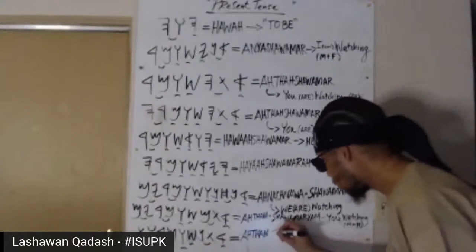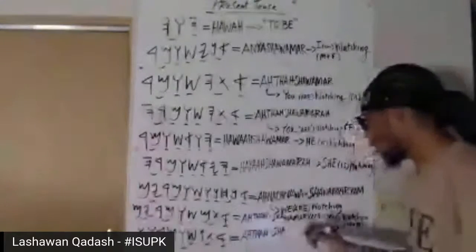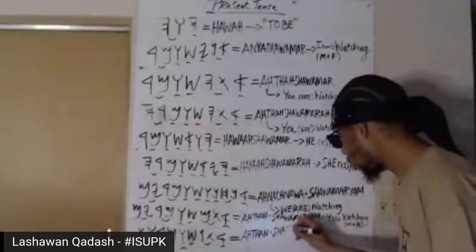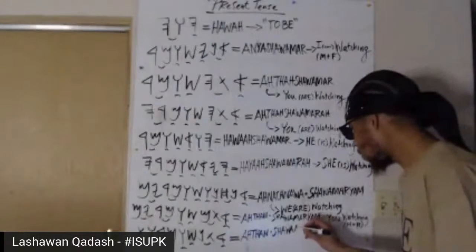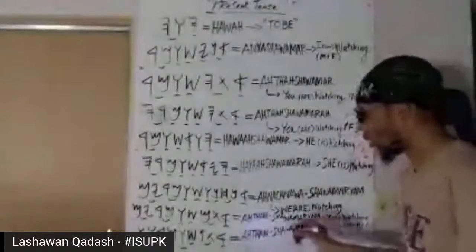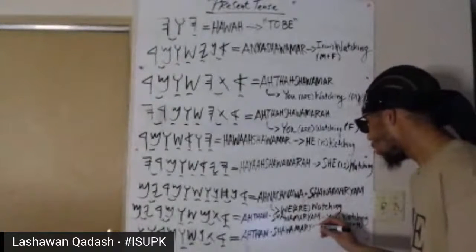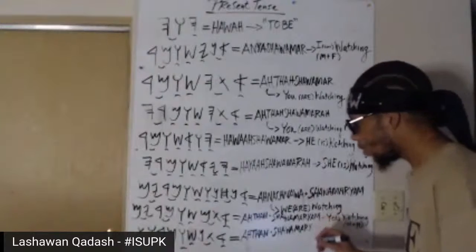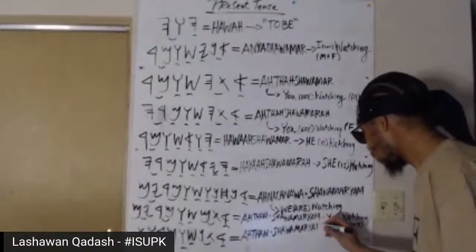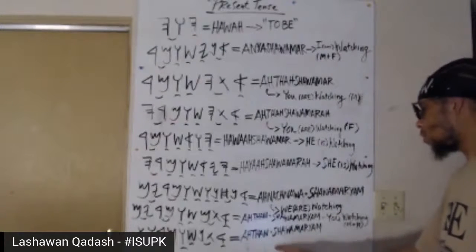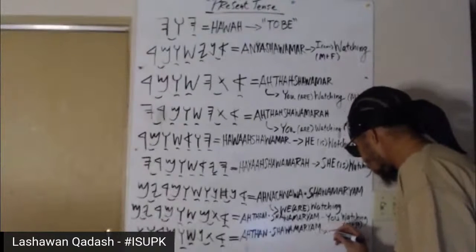We have the sha, then the wa, then the mar, which is the ma and the ra, and then the yum, the ya and the ma. Athan shawamari.